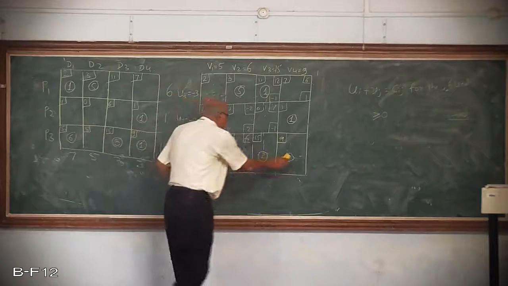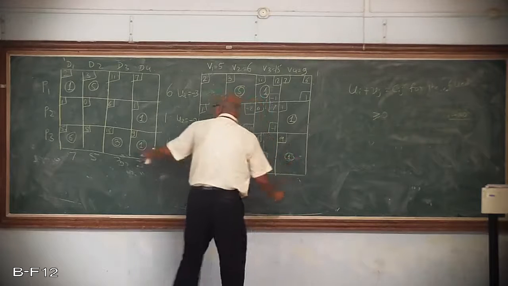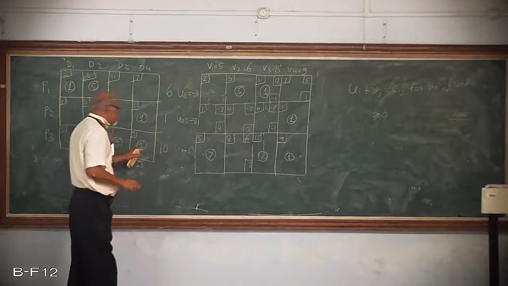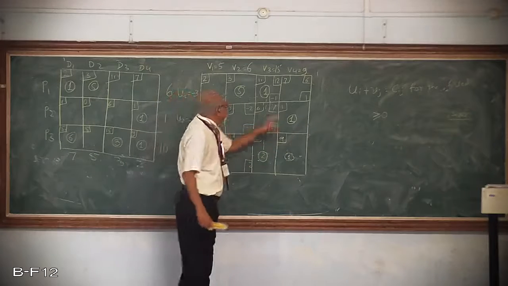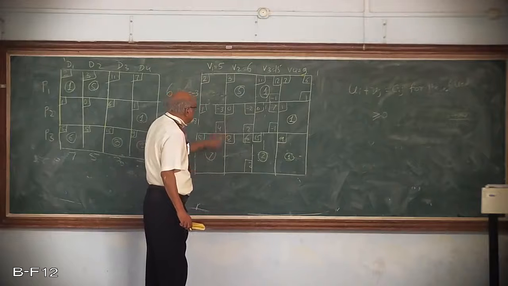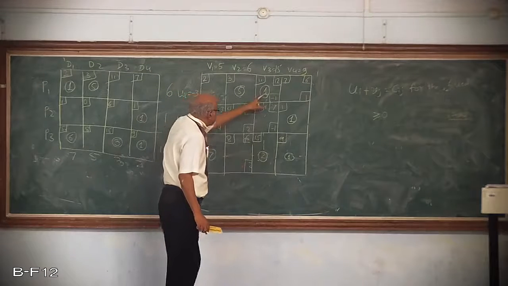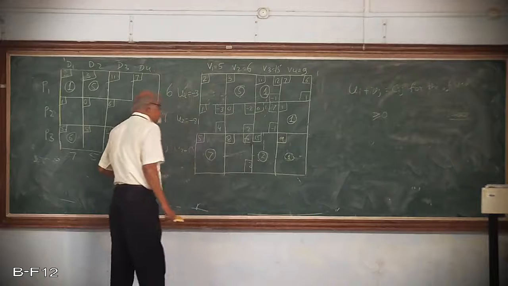Sorry, this one should have been first, because I have not considered that one. 7 plus 2 plus 1, 10. 1, 5, 1 plus 1, 6. This one is 7. This one is 5. This one is 1 plus 2, 3. This is 1 plus 1, 2. So perfectly it matches with this one.